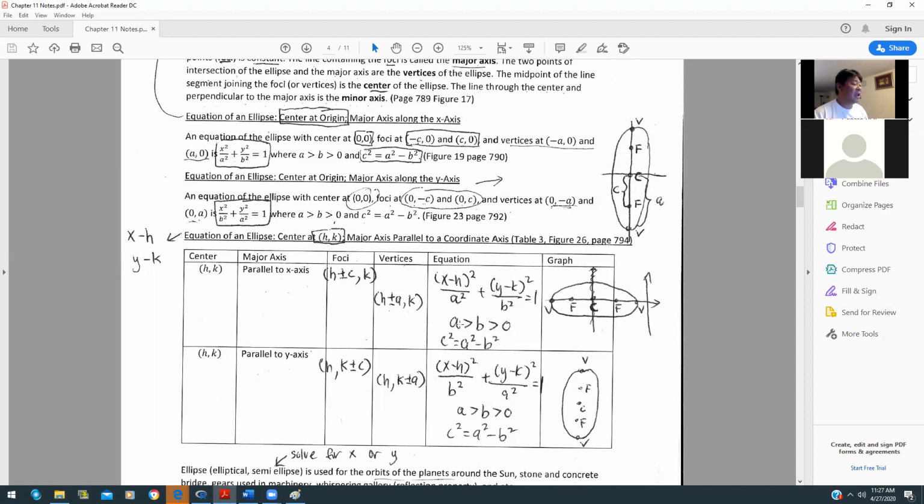Make sure that your A is greater than B. Then in order for us to find C, which is the distance from the foci to the center, it's like the Pythagorean theorem, but instead of plus, because Pythagorean is A squared plus B squared equals C squared, you use minus. Okay, so this is ellipse in this case.